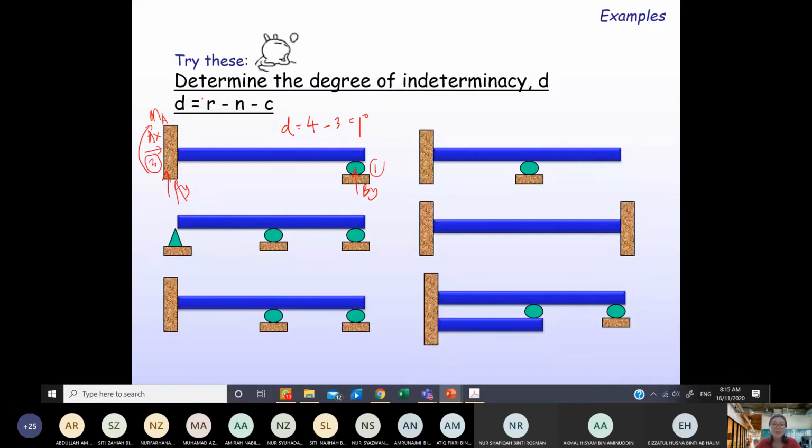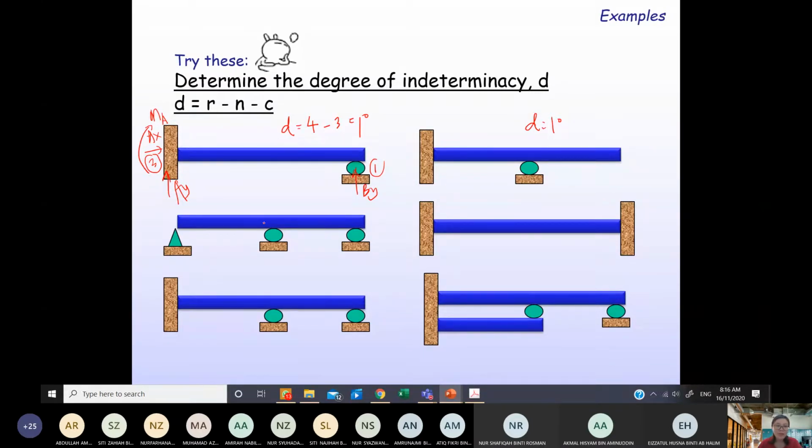But normally you cannot use the equilibrium to solve unstable structures. So case 2 is the same, D equal to 1. Only this roller is at a different place.